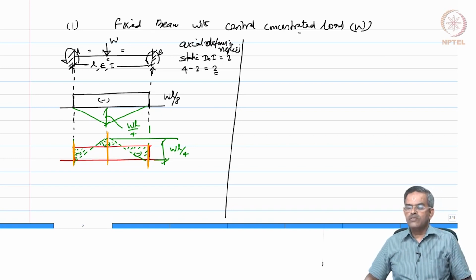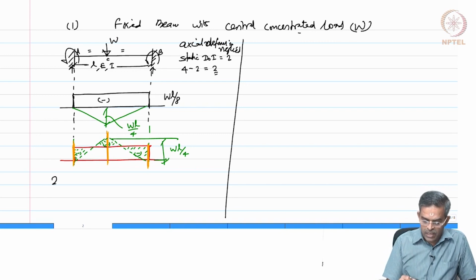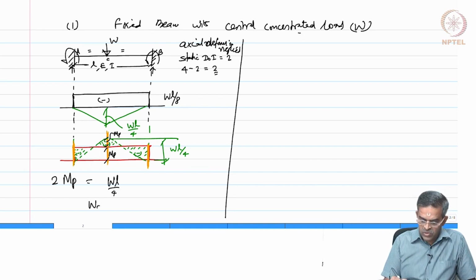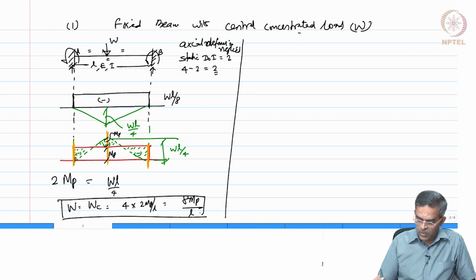Okay. So, I need how many hinges to get a mechanism? I need 3. Let us say these are my 3 places where the hinges can form. So, the governing equation is going to be 2 MP, because this is also MP, this is also MP, hinges formed here. So, 2 MP should be equal to WL by 4, am I right? Therefore, WC, which I say W will be 4 into 2 MP by L, which is 8 MP by L. So, that is my collapse load.